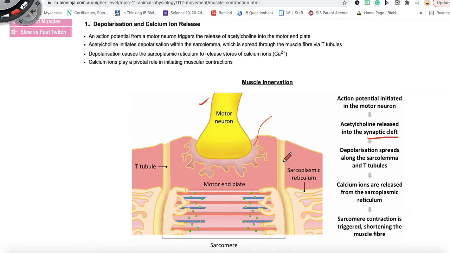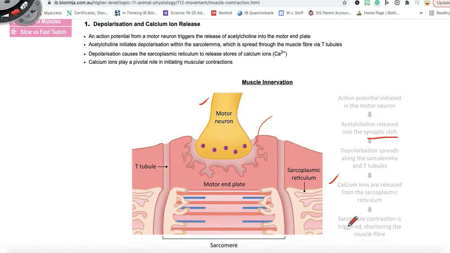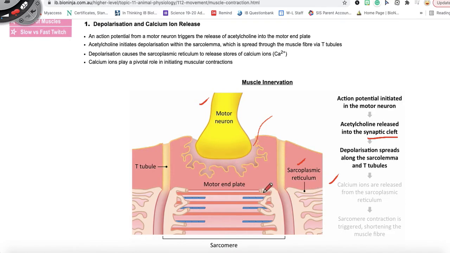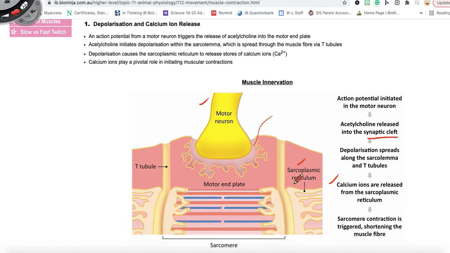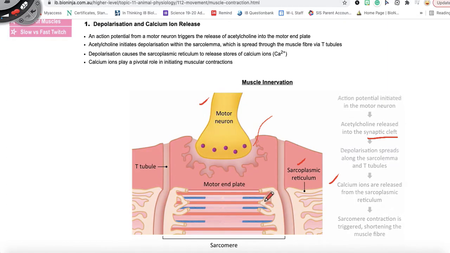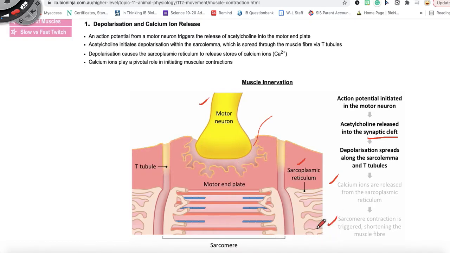So then that whole depolarization is going to release calcium ions. And notice that the calcium ions are released from the sarcoplasmic reticulum. And here we see them in green in just a moment. Boom, there it is, right? The calcium ions are being released. And notice that it's that release of calcium ions that is going to trigger the sarcomere, which is the contractile unit, to shorten or contract.